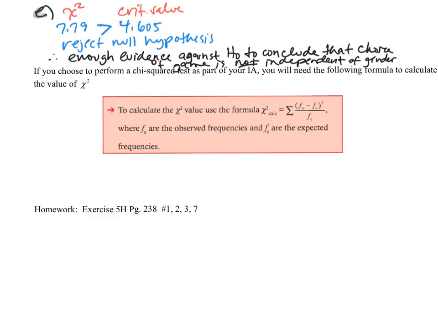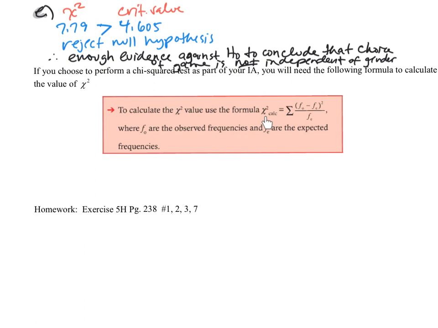Okay, and then last but not least, if you choose to perform a chi-squared test as part of your IA, you will need to use the following formula to actually calculate the value of chi-squared. We're going to let the calculator do it for us for homework and tests and quizzes and for your papers in May. But if it's part of your IA, here is the formula. And it looks kind of complicated, but it's not that bad.